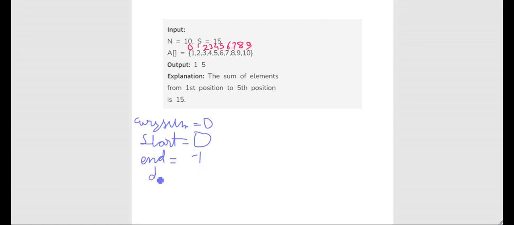So in this, sum will become 1. It is not in the dictionary, so we will add it at index 0. Then sum will become 1 plus 2, 3. It is also not in the dictionary. We will add this.